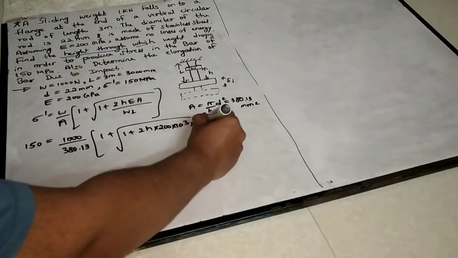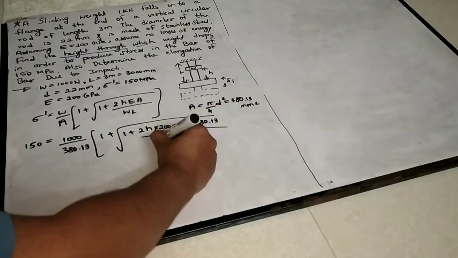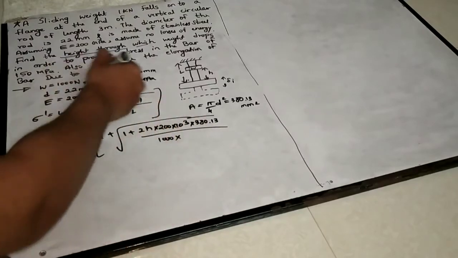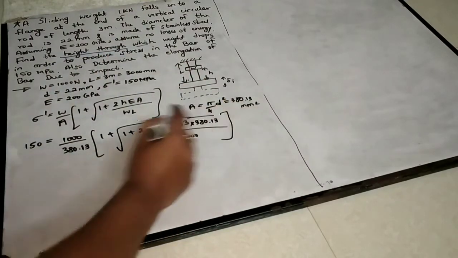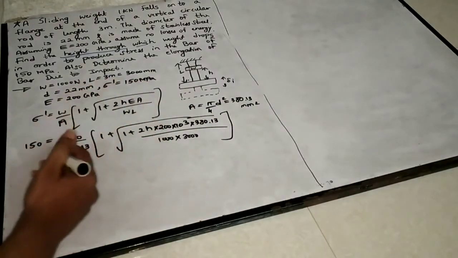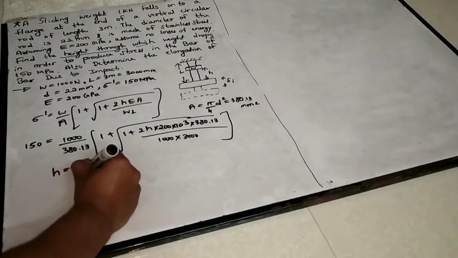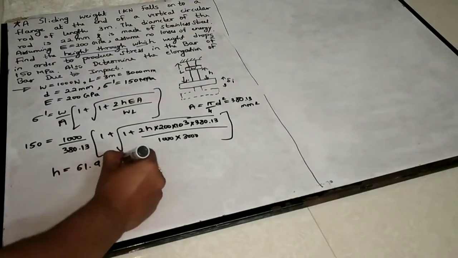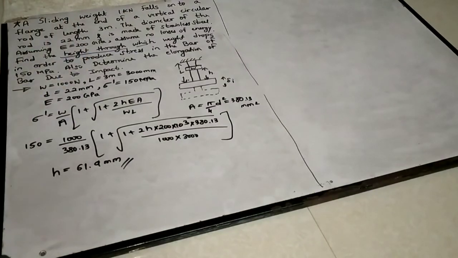If you do so, it is in Newton per mm square, 380.13 divided by 1000 W into L. Squaring both the sides, or directly you can put in the equation. So height h is equal to 61.9 mm is the answer. So the first point is clear to us now. So this we have found.